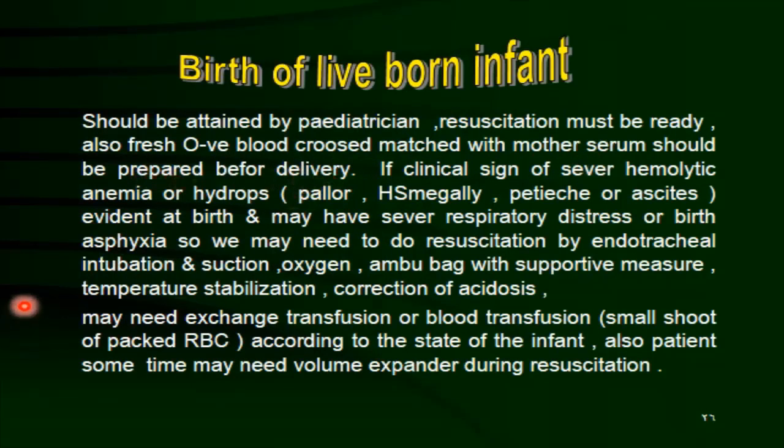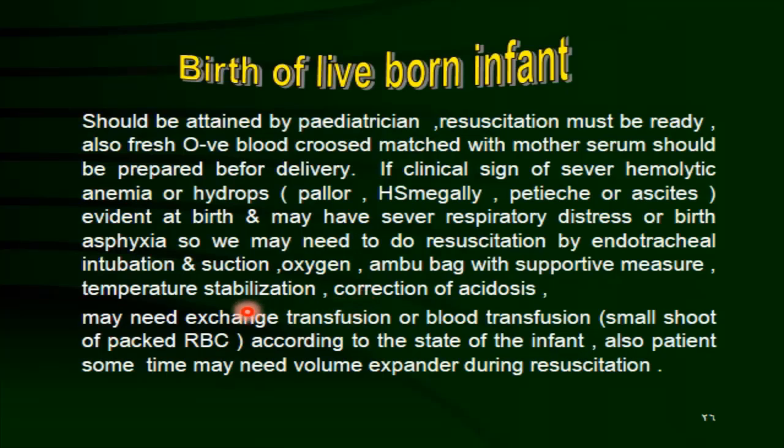If clinical signs of severe hemolytic anemia, hydrops, or hepatosplenomegaly are evident at birth, the baby may have severe respiratory distress or birth asphyxia, so we may need to do resuscitation by endotracheal tube, suction, oxygen, and ambu bag with other supportive measures: temperature stabilization and correction of acidosis.